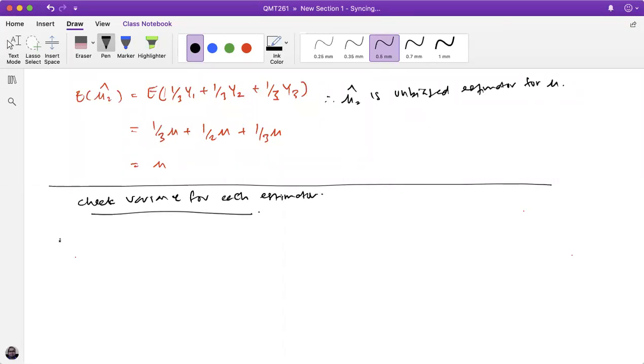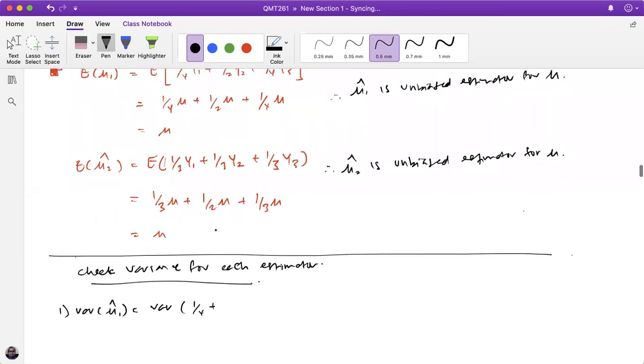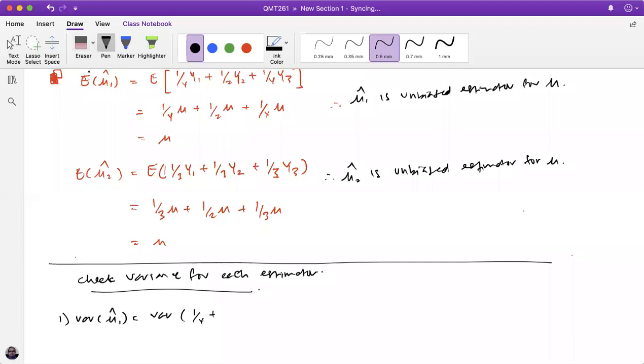So the first one is variance of mu1 hat, right? So this one should be variance of 1/4 y1 plus 1/2 y2 plus 1/4 y3.